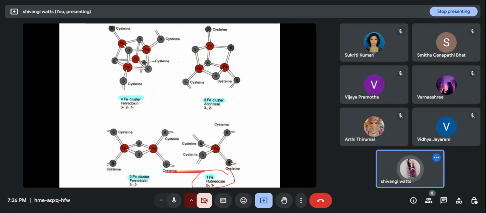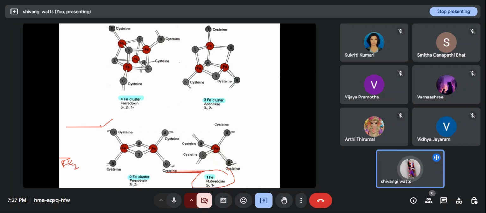In an iron sulfur cluster there are two types of sulfur. In this structure there are two irons, so we call it a 2Fe cluster, Fe2. There are six sulfurs, and two of them are of a different type.